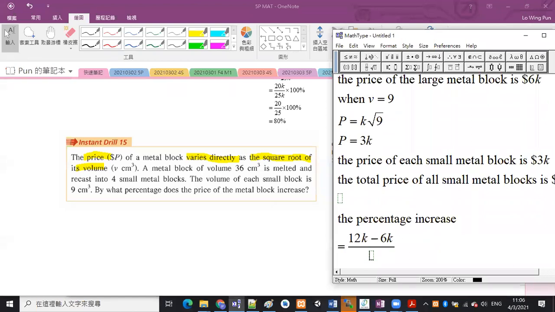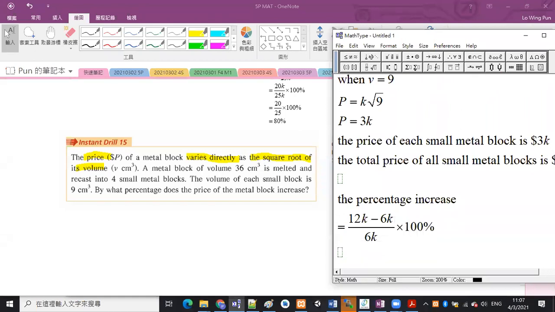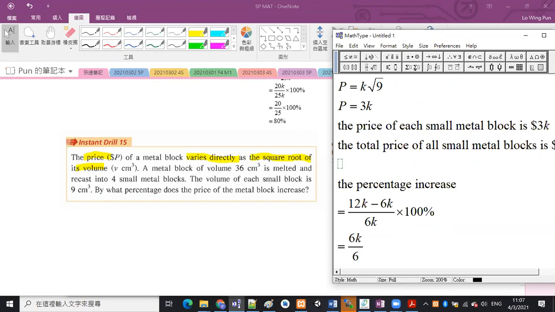Which one is the old value? It should be the 6K is the old value, and then times 100%. Okay, and then for the upper part, 12K minus 6K becomes 6K, and then divided by 6K times 100%.